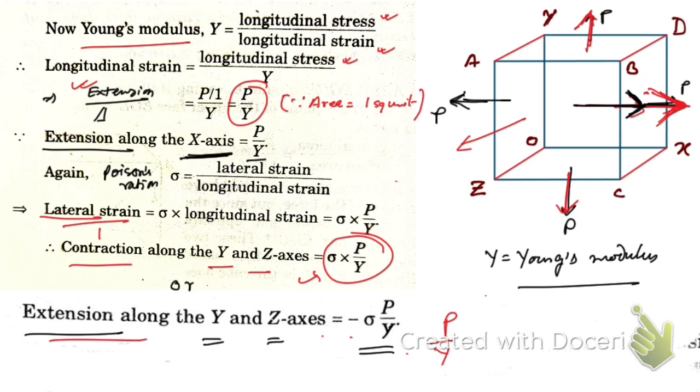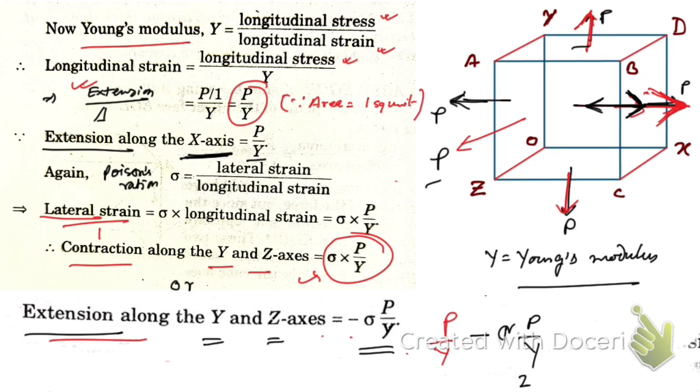Now one more thing, when extension occurs along the x-axis, there will be contraction along the x-axis due to the force P along the y and z axis. So contraction will be given by sigma P by Y. So we have to subtract this contraction, due to two reasons.